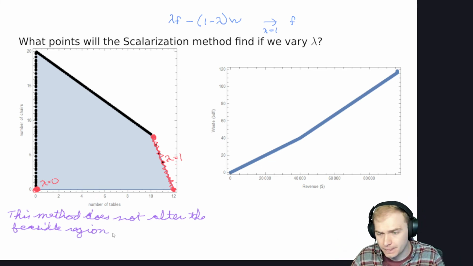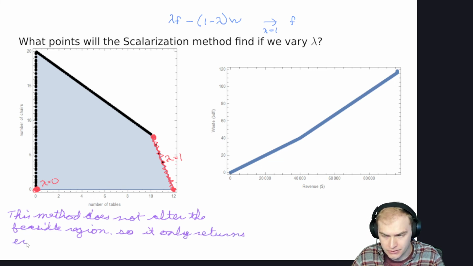And so it only returns extreme points of the original problem.